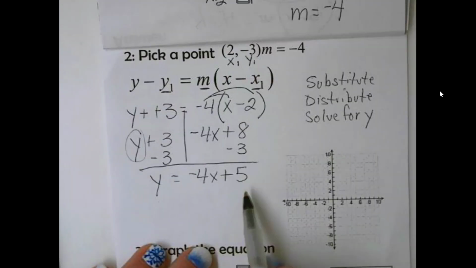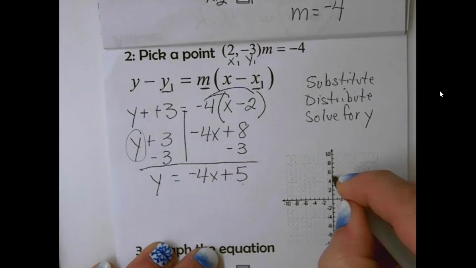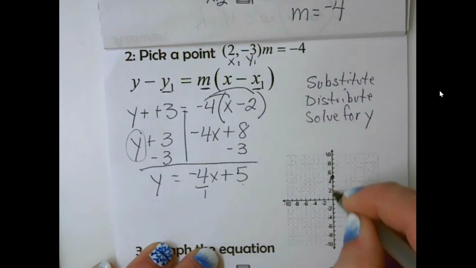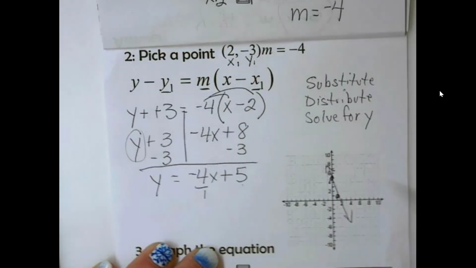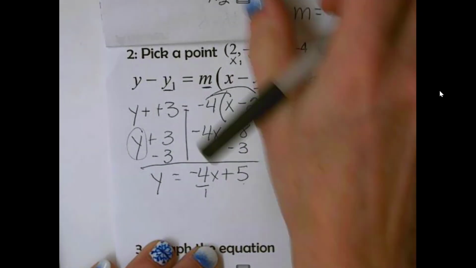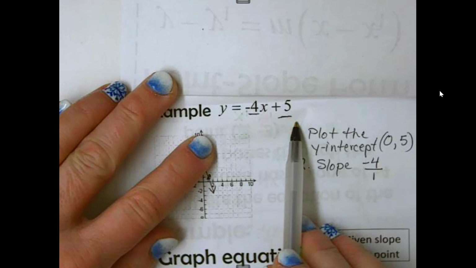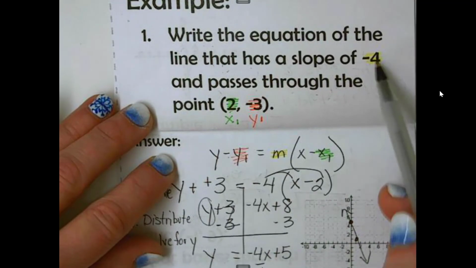Plot it. We know the y-intercept is 5. This is now in slope-intercept. And we'll go down 4 and over 1. Now, the cool thing you should have noticed is we ended up graphing the same exact equation each time. Just a different situation where we were given the slope.